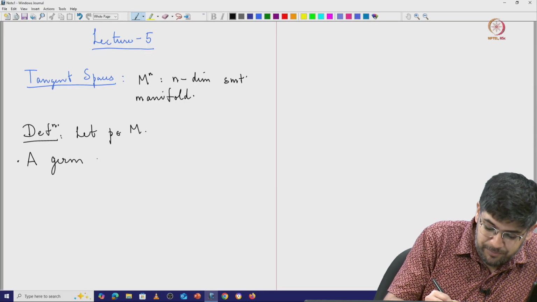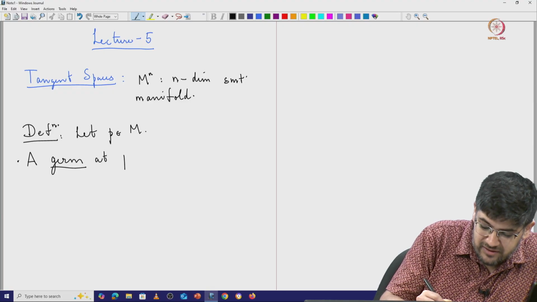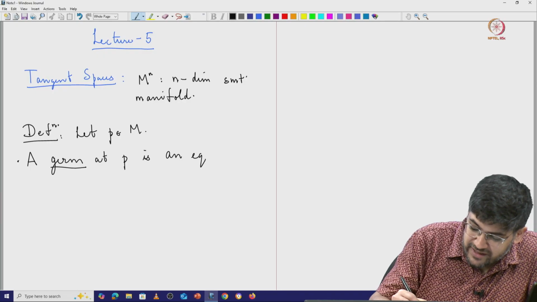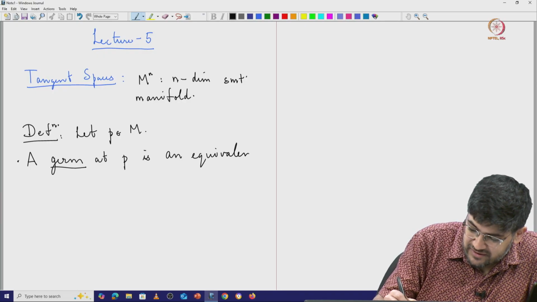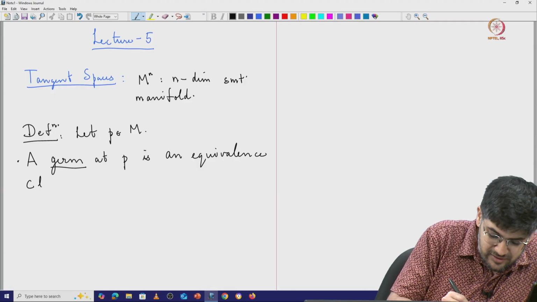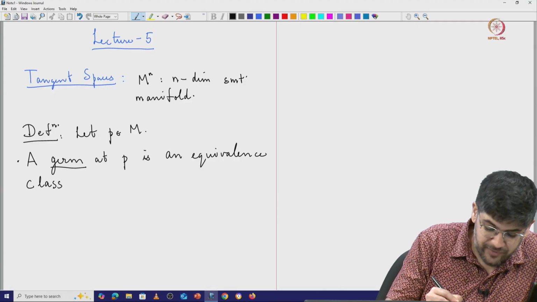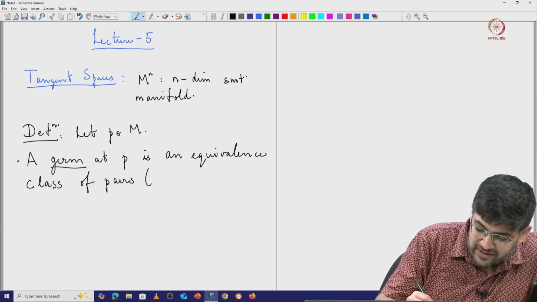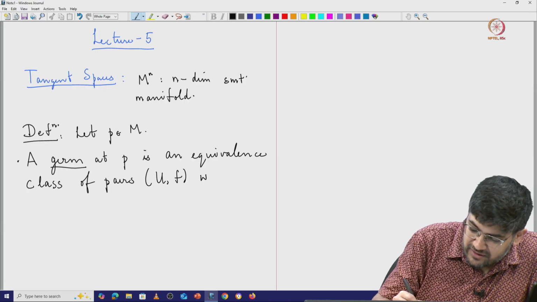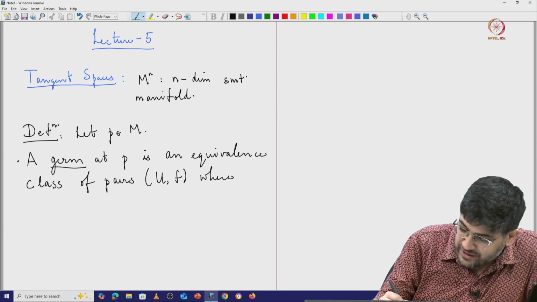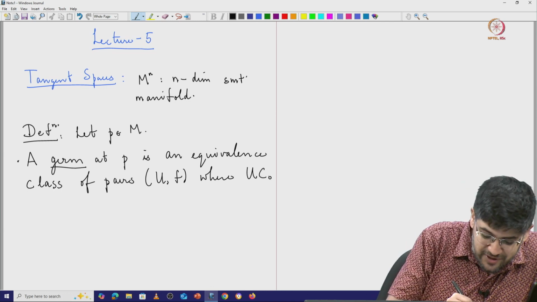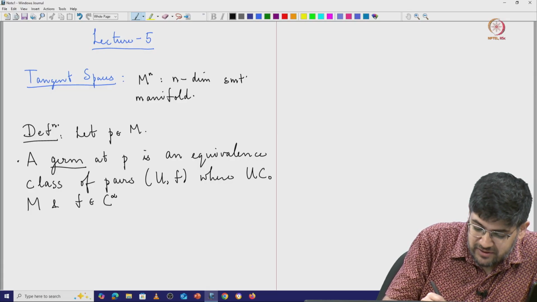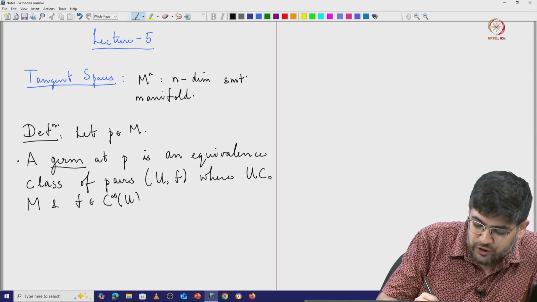A germ at P is an equivalence class of pairs (U, F), where U is some open subset of M and F is a smooth function on U, right.